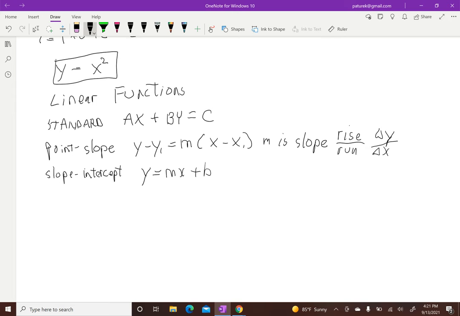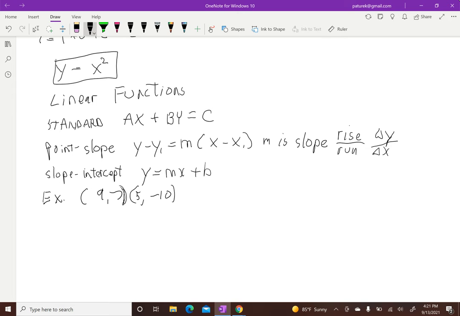Here they are. So in this example, suppose I give you the points 9, 7 and 5, -10. And I say, generate a straight line that goes through those 2 points.